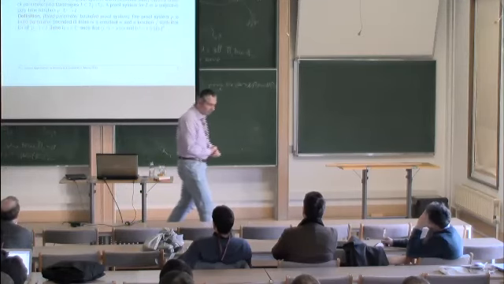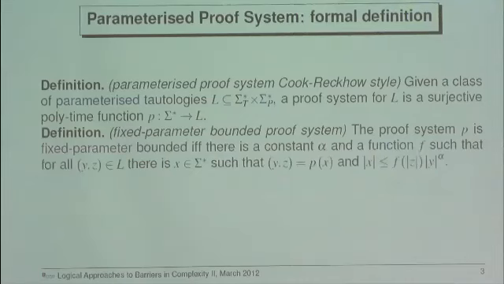Well, I don't think we have seen the Cook-Reckhow definition of a proof system. So we will see that definition in the parameterized setting. Well, for a moment, ignore the blue stuff in the first definition over there, and you get the classical Cook-Reckhow definition of an abstract proof system.